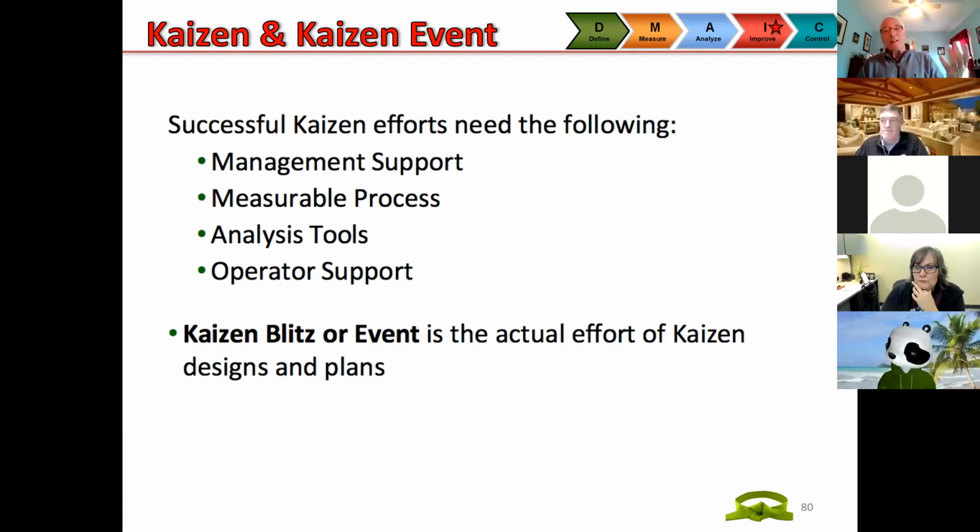So the idea behind A3 is instead of doing these big events, can we break them into smaller ones and do them all the time? And that's what worked for me. My company, Duraflex, 70 employees, we would do 1,200 A3s a year, somewhere around there. Albrecht's done over 1,000 a year, for a while. So it's basically taking this Kaizen event and making it much more manageable.